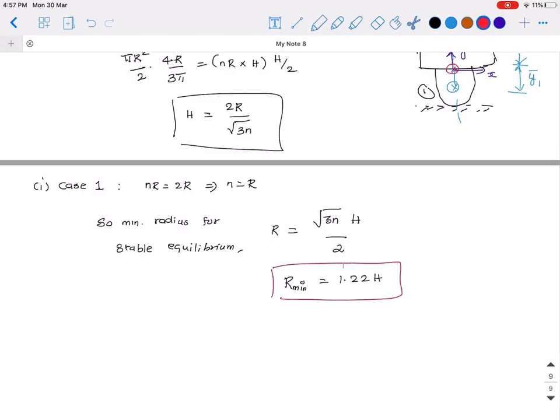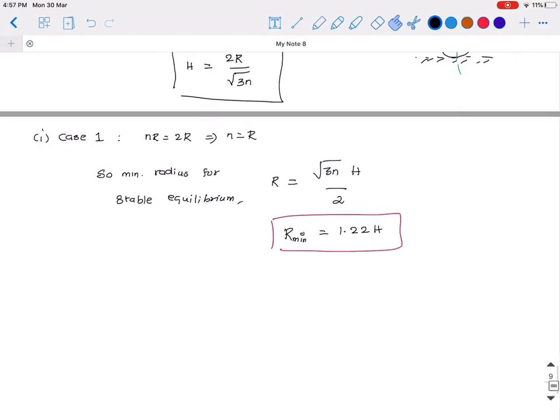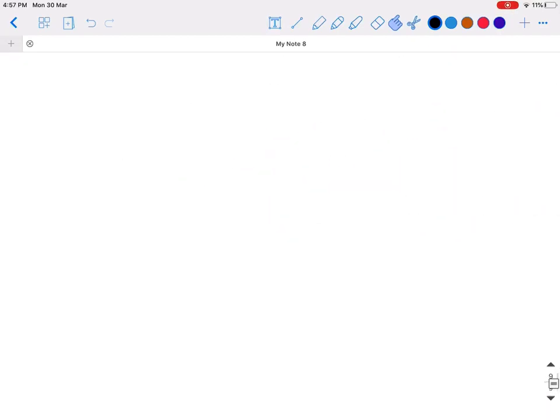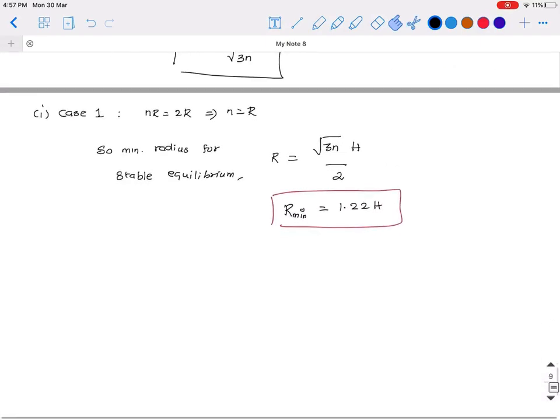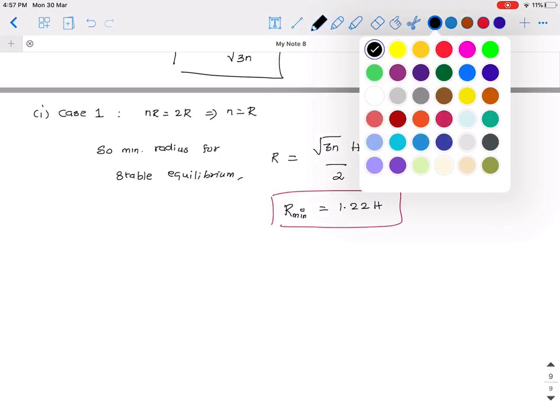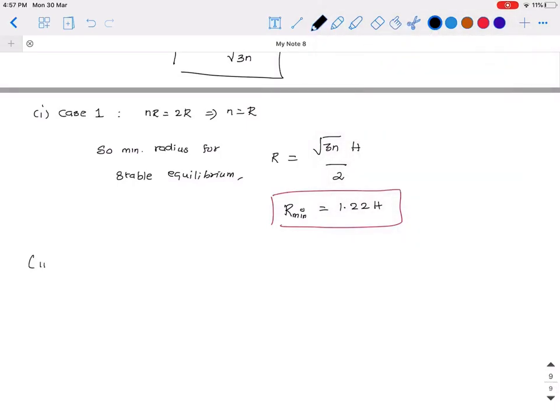Okay, then the second case is that, sorry about this, case 2 is that nr is equal to h. Let us denote this by another constant n.